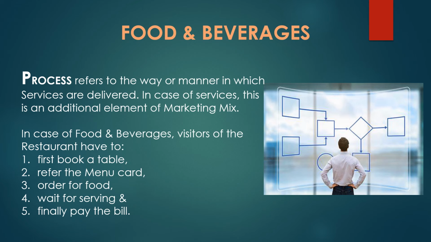He has to tell the waiter what is required and what are the quantities required, and he has to give some instructions like less salt or more salt or not too spicy, like that, and then wait for serving, then have the lunch or dinner, and then finally pay the bill, right? So this is the procedure we follow when we go to restaurants. So this may be called process.